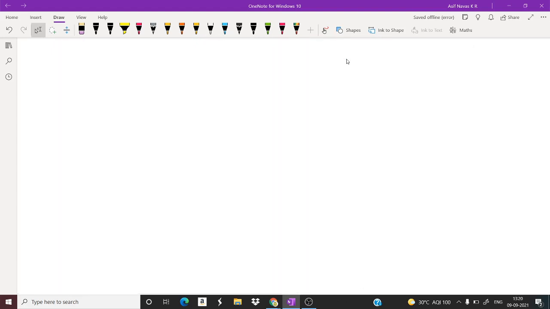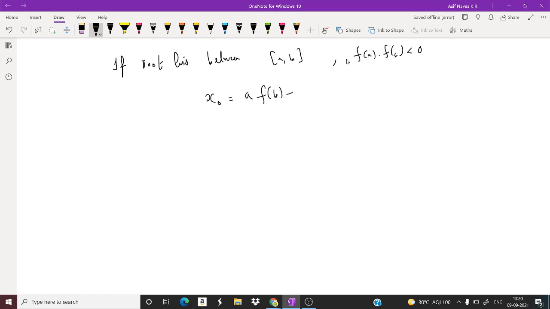That means if the root lies between a and b, that is f of a into f of b less than 0, then x naught is a into f of b minus b into f of a divided by f of b minus f of a.